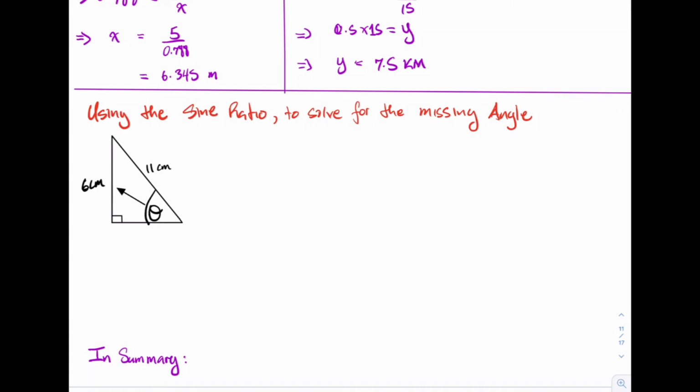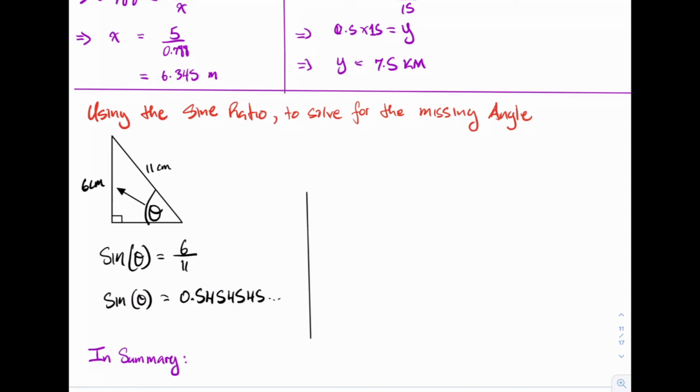And we don't know the value of theta, so we're going to say that sine of theta is equal to 6 divided by 11. I go to my calculator and I type in 6 divided by 11. This gives me sine of theta equals 0.5454545, continuing.